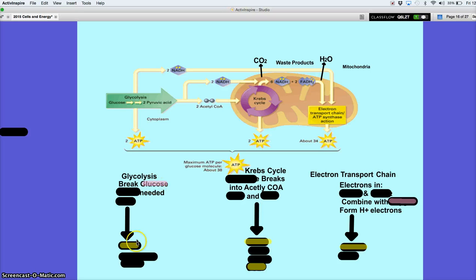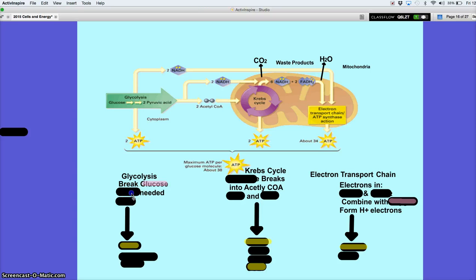So in this diagram, anything that's highlighted in pink is a reactant of cellular respiration, and whatever's highlighted in yellow is a product of cellular respiration, okay? What happens to glucose in glycolysis? It's broken down. How? What breaks it?